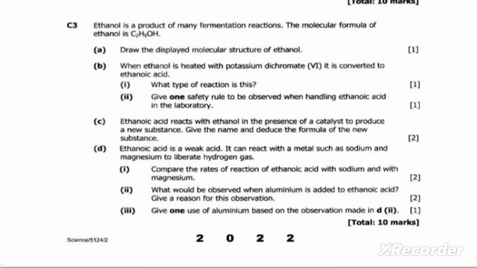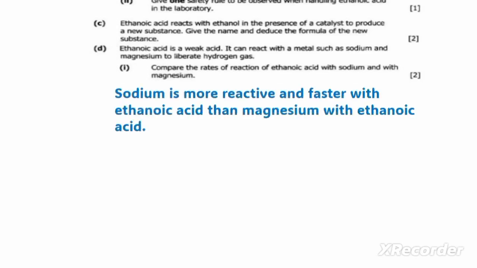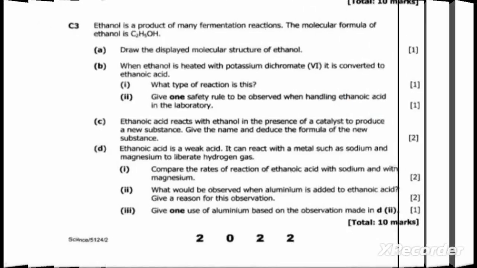Compare the rates of reaction of ethanoic acid with sodium and with magnesium. So the rate of reaction of sodium with ethanoic acid is faster than the rate of reaction of magnesium with ethanoic acid. Therefore, sodium is more reactive and faster with ethanoic acid than magnesium.